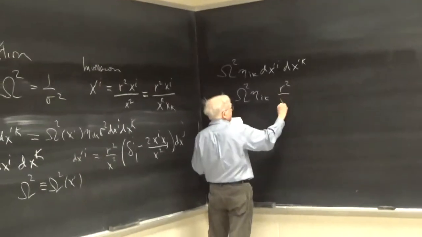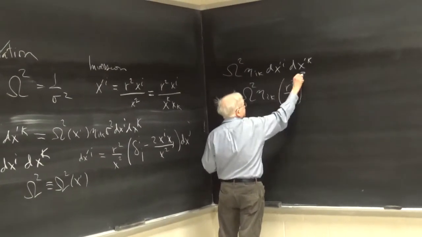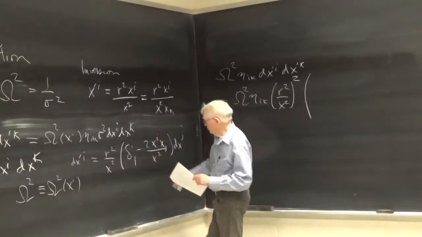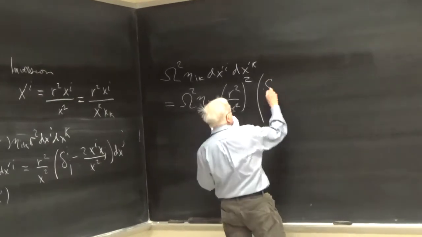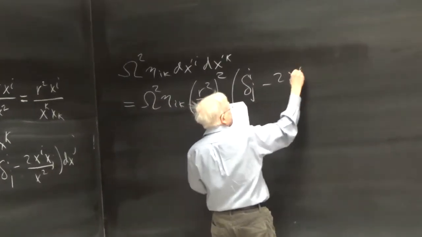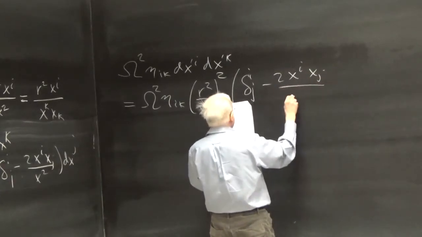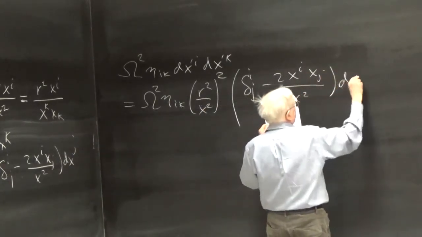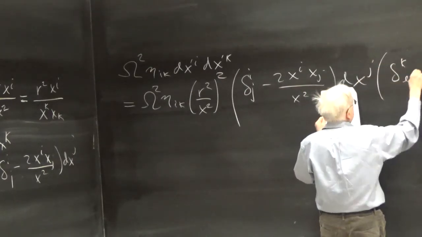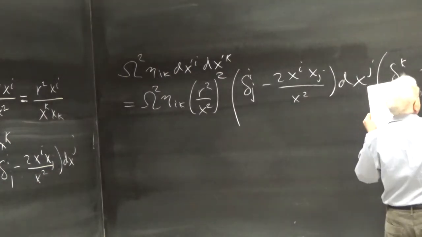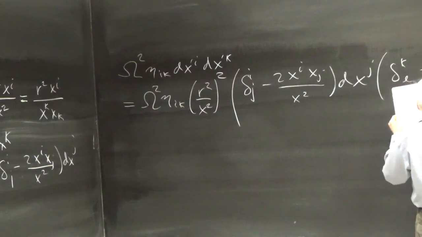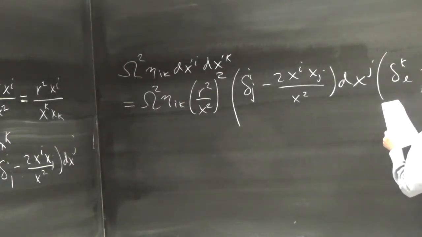Then we're going to have r squared over x squared, squared, and then we have two parentheses. One is delta_ij minus 2 x^i x_j over x squared, dx^j, and delta_kl minus 2 x_k x_l over x squared, dx^l.